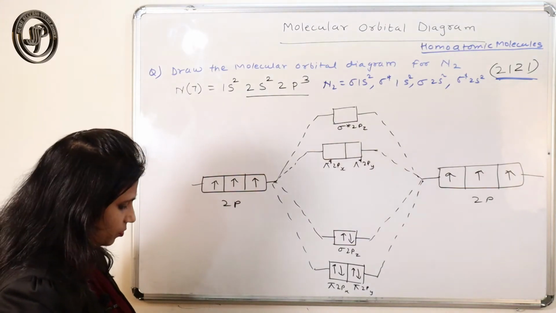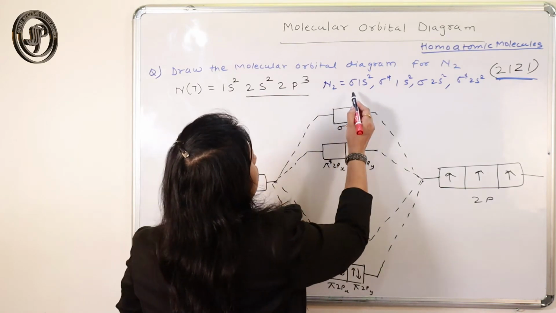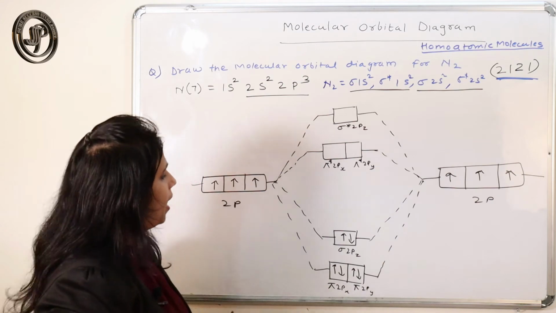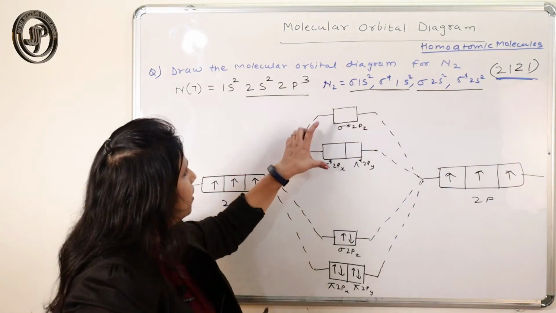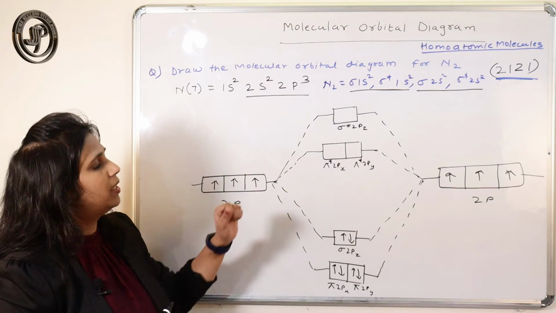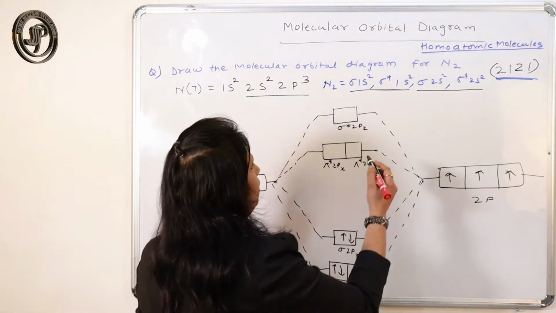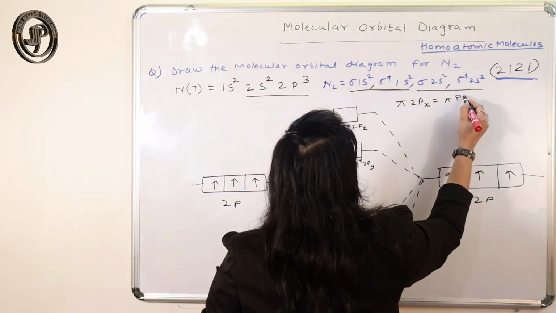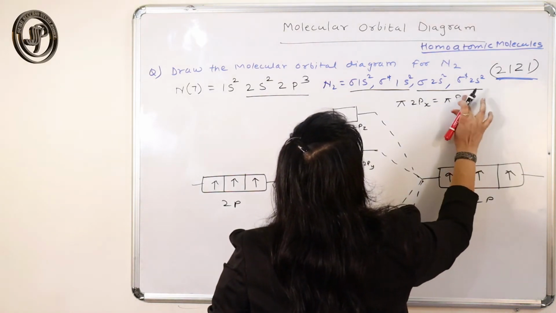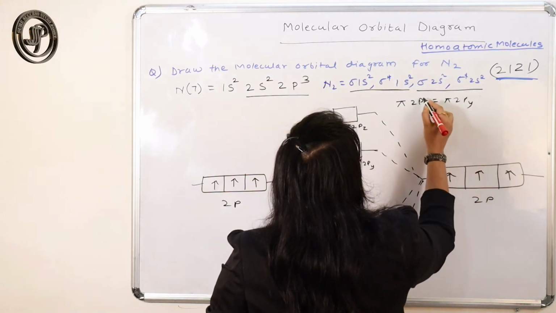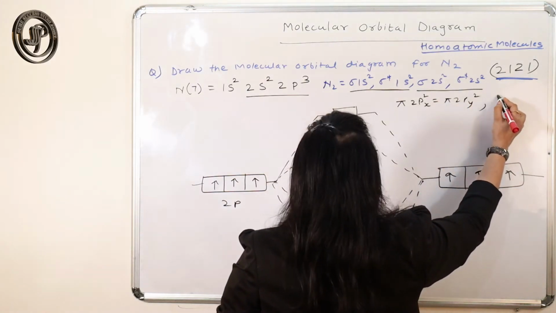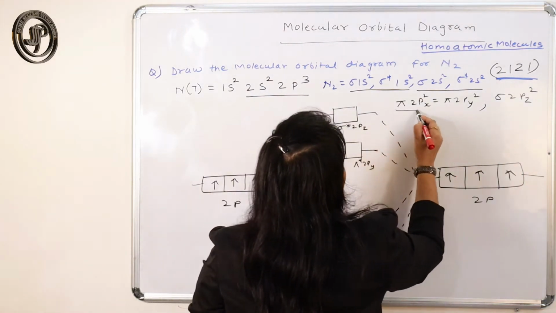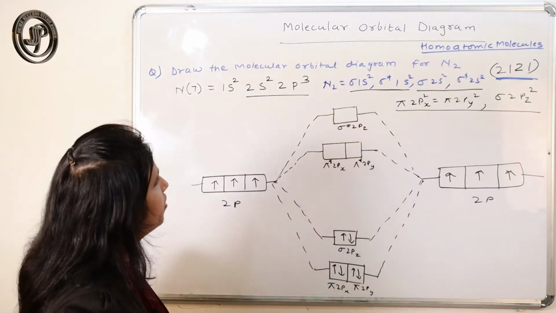So now if I want to complete this, this is for 1s, this is for 2s, and for 2p, no electron is available in anti-bonding, only the electrons present in bonding, that I can write pi 2px, pi 2py, and then sigma 2pz, 2 electrons. So that is the configuration of N2.